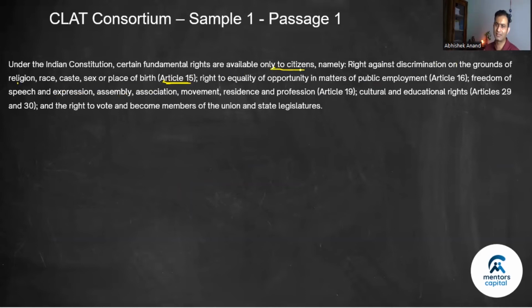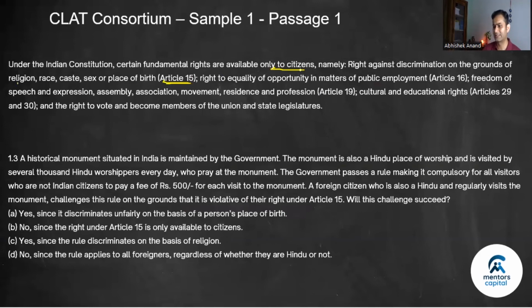So he cannot claim this right under Article 15 because that is allowed only to the citizens. And so, the answer is no. So this one is out. This one is out. Look at this. No, since the right under Article 15 is only available to citizens. All right. So answer is B.